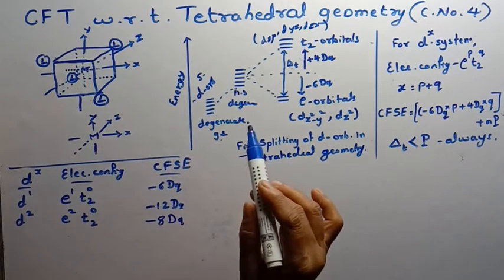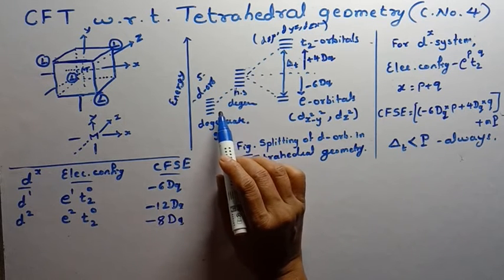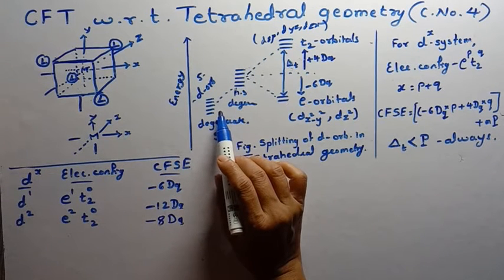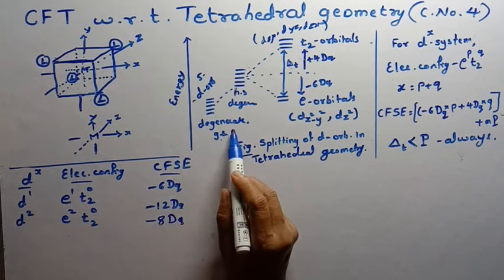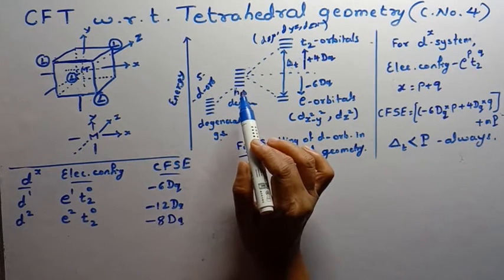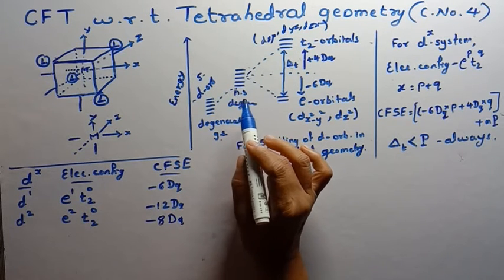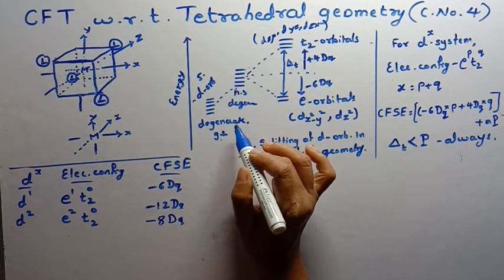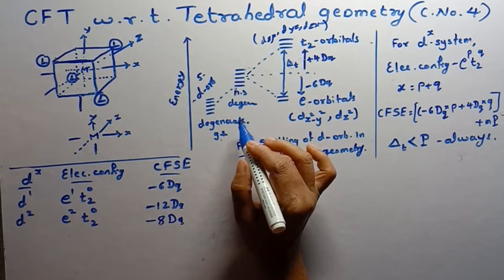Now during the formation of a complex, the metal ion is going to react with 4 ligands. When the ligands are quite far from the metal ion, there is no interaction, so all the 5 d orbitals are in the ground state and they are degenerate. When the ligand field approaches, or comes nearer to the metal ion, now imagine the metal ion is spherically surrounded by the symmetric field created by the 4 ligands.